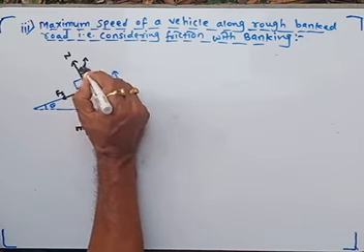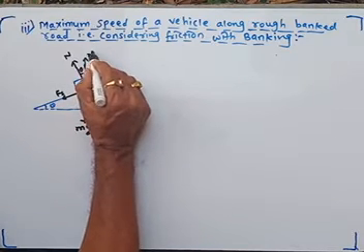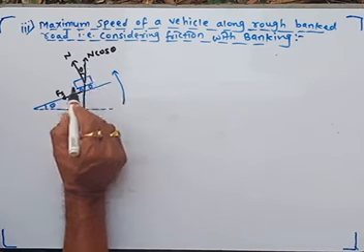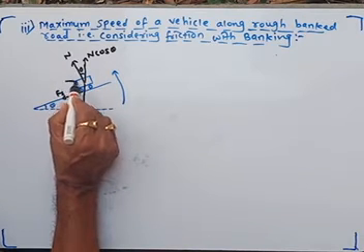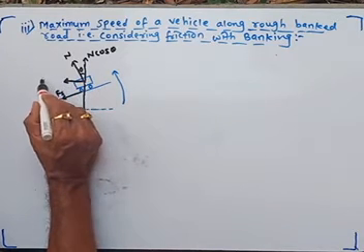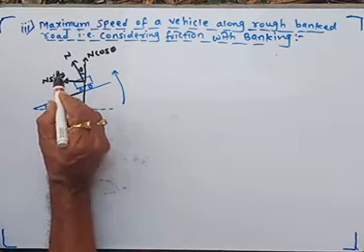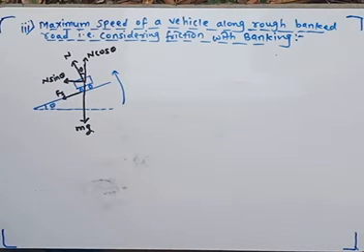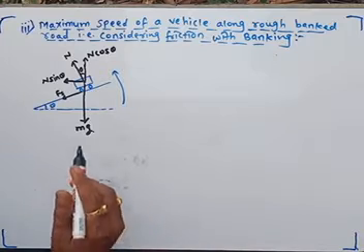Suppose this angle is also theta, then N cos theta and N sin theta. These are the two components of N. N cos theta is vertical component, N sin theta is horizontal component. Also Fs is resolved into two components.